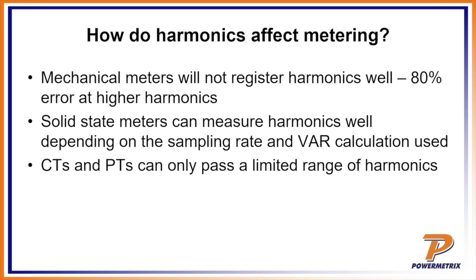I've spoken to a couple of CT manufacturers and found out most CTs and PTs still will pass most of the lower level harmonics pretty well. Once you get up to higher orders, it will start to attenuate those. So once again, you could have some loss because your CTs and PTs filter out the harmonics and the meter doesn't see it. The meter doesn't measure it, the meter doesn't charge for it. So just keep that in mind.